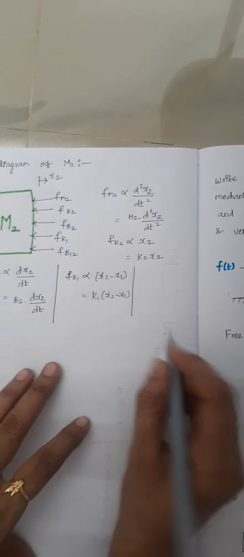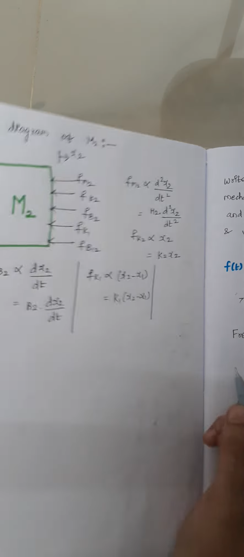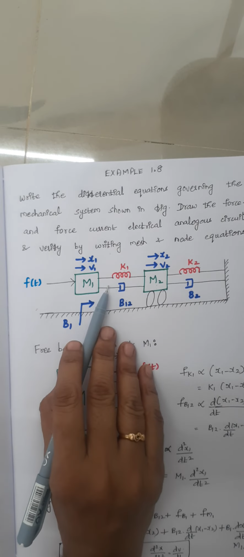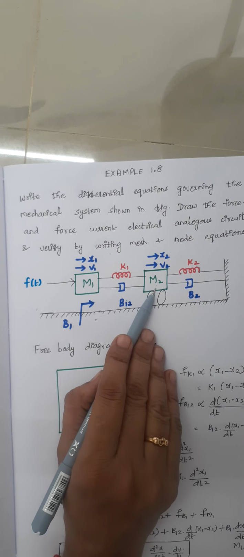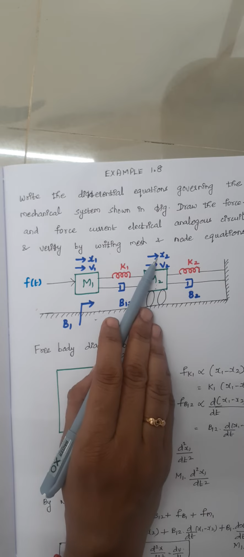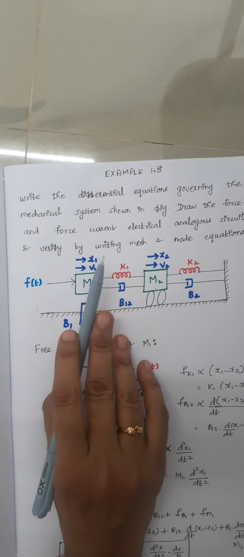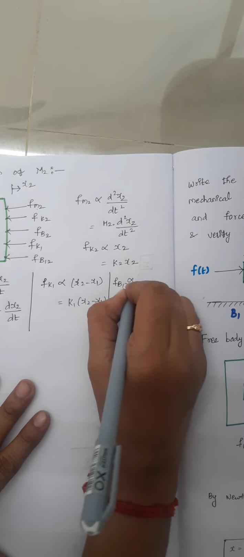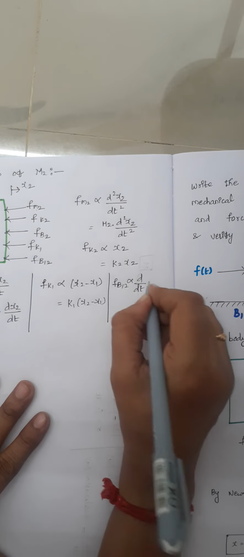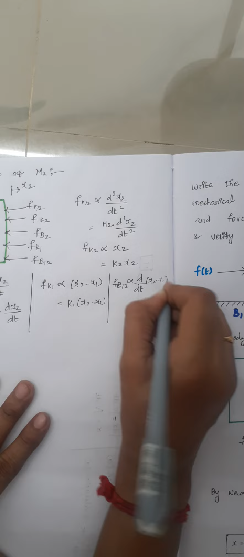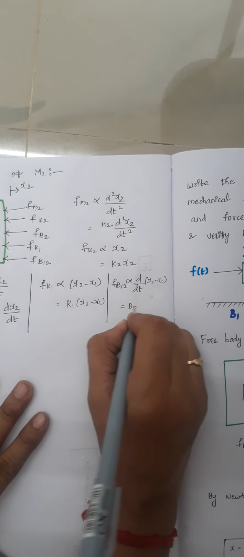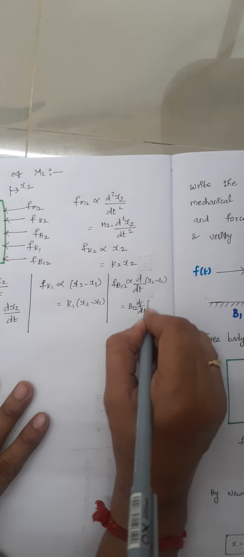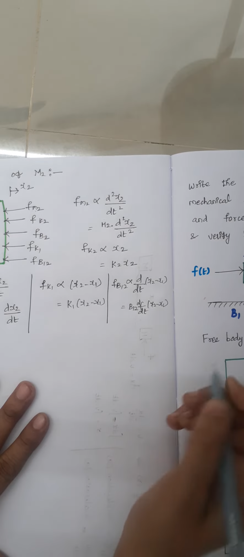And the next one is Fb12, and again this B12 is connected between m1 and m2. As we are drawing free body diagram of mass m2, we have to write x2 minus x1 while writing the equation. So Fb12 is directly proportional to d by dt of x2 minus x1, which can be written as B12 into d by dt of x2 minus x1.